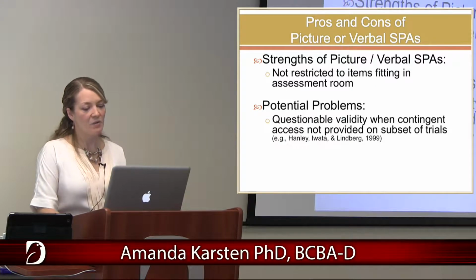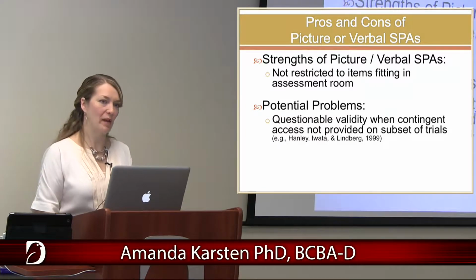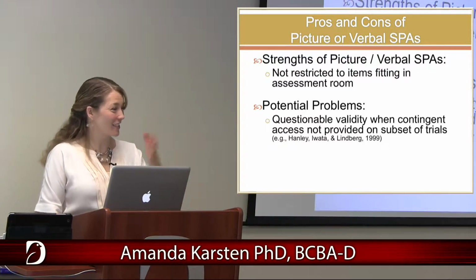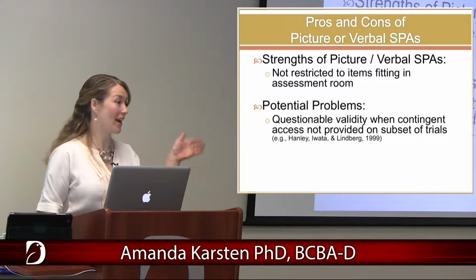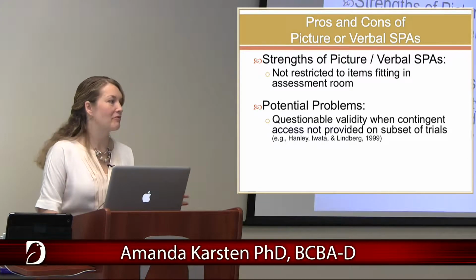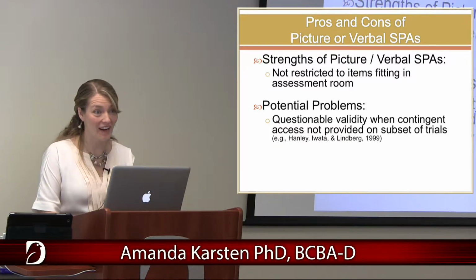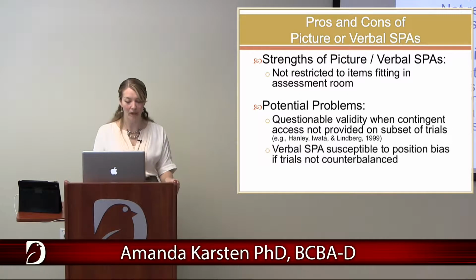And Hanley, Iwata, and Lindberg have a great paper on activity-based preferences for adults with developmental disabilities and the difference between contingent access and no access trials. And you get your valid preference hierarchies and reliability when you actually deliver the item that was selected right after it's selected. That's the best way to do it.